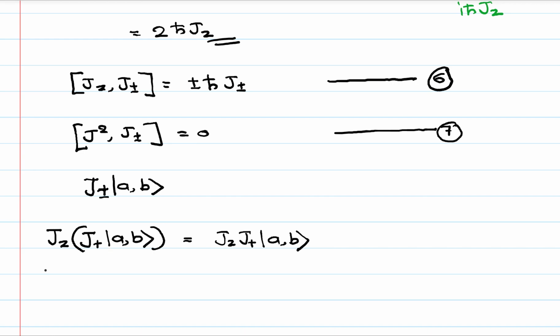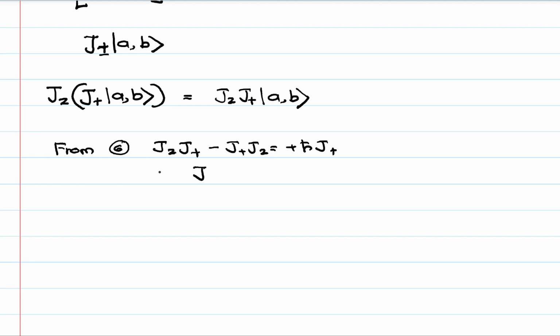Let's look at equation number 6. From equation 6 we can write Jz J+ - J+ Jz = +ħ J+, or Jz J+ = J+ Jz + ħ J+.